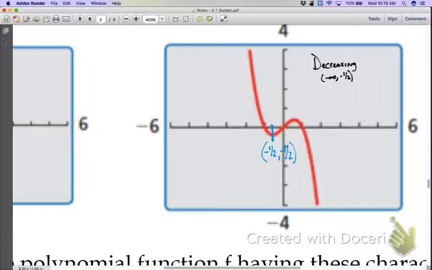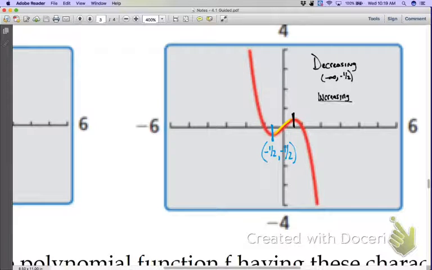So then, from that value, what happens in this little yellow region right there? It increases. Where does it increase from?